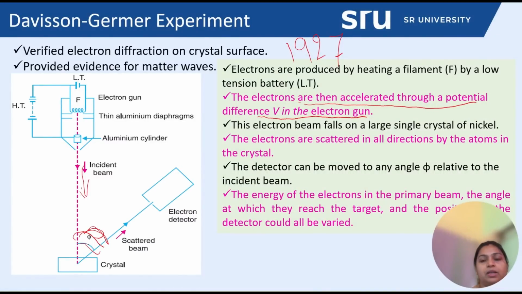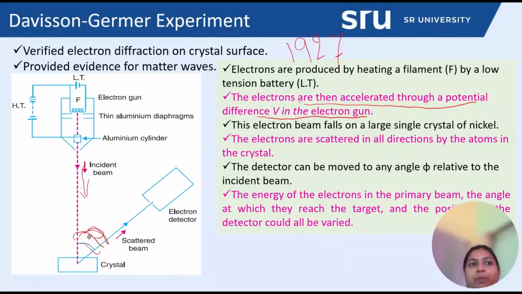At each position the value is noted, and then the intensity of the diffracted beam entering the detector is plotted against the angle.